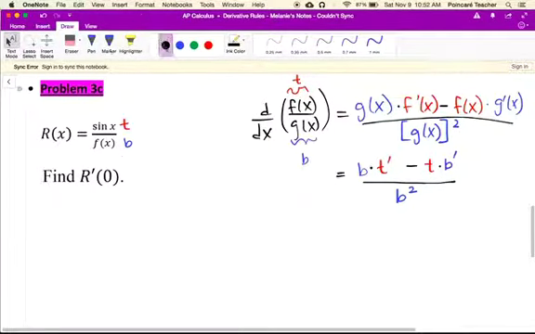This function could have been written as r of x and s of x, just to give a random example. Just because this is labeled r of x and this is s of x doesn't mean you can't use the quotient rule, because it doesn't have f of x in the numerator and g of x in the denominator. The labels are just labels.